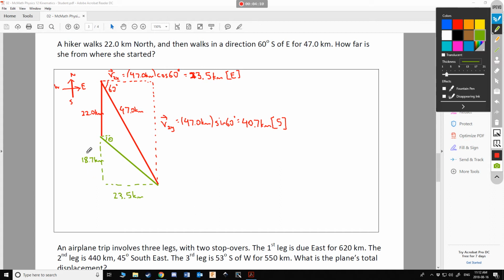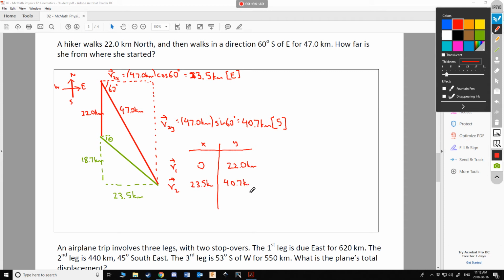The other way we can approach these is the table method, which we touched upon last day. Draw the little table: here's my x, here's my y. Vector 1 has 0 x component, but it's positive 22.0 kilometers up. For V2, it has an x component of 23.5 kilometers and a y component of 40.7 kilometers.